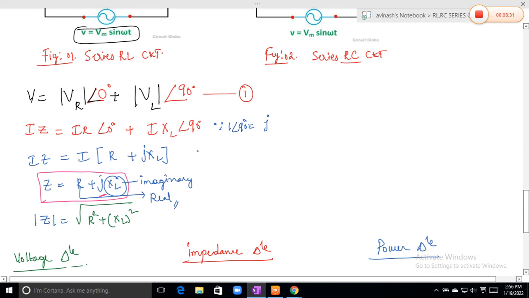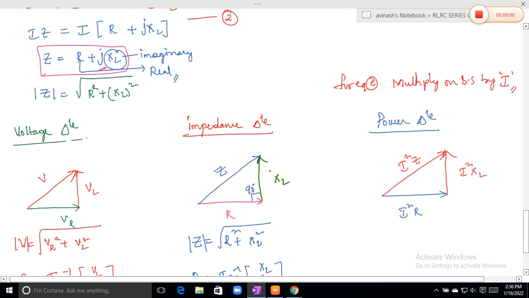Let us take this as equation number 2. For equation 2, multiply both sides by I. Then what do you get? I square into Z, I square into R, I square into XL. That is what I have written here.